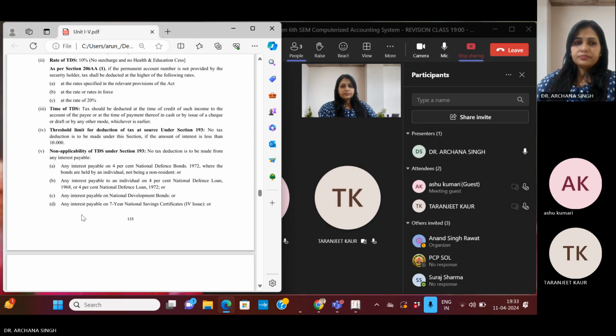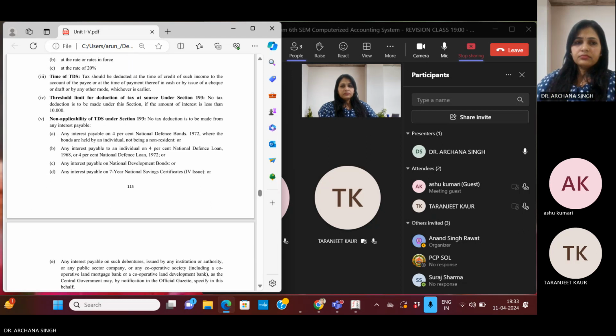Then non-applicability of TDS under section 193. No tax deduction is to be made from any interest payable on 4% National Defence Bonds 1972 where the bonds are held by an individual not being a non-resident, or interest payable to an individual on 4% National Defence Loan 1968 or 4% National Defence Loan 1972.